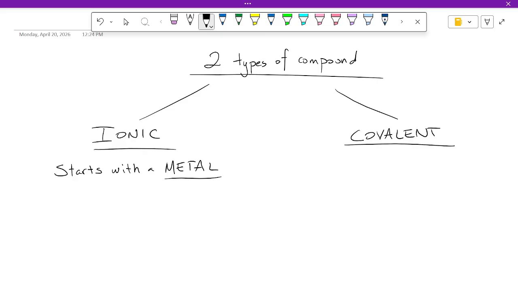It starts with a metal and this is a new one, NH4. Okay, so it starts with a metal or NH4.